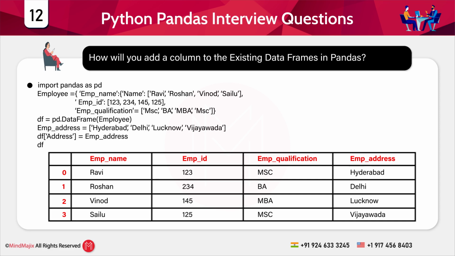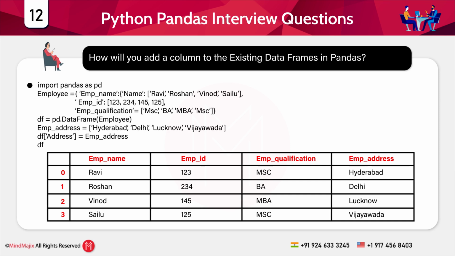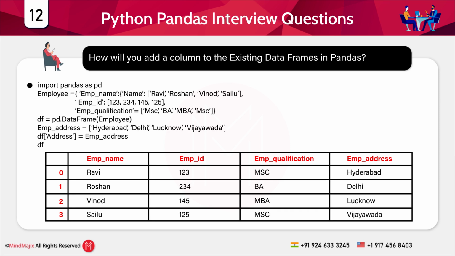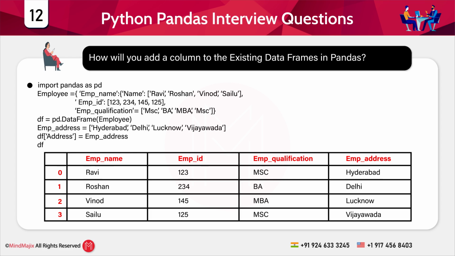Then what you do is you use the line df = pd.DataFrame, and inside this you specify this employee. Okay, and for employee address, what we have done is added another column to this employee data. So emp address, and you have specified 4 addresses over here for the 4 employees.